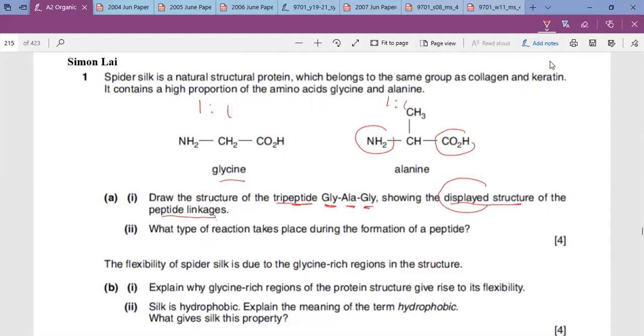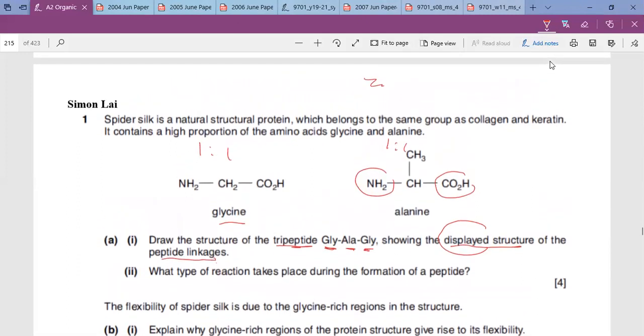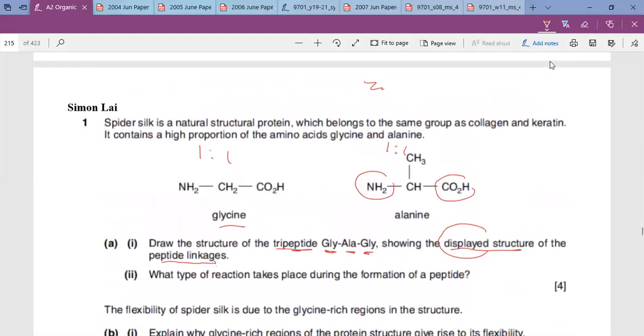Okay, so here 3, so glycine here. So what do we do? I'm going to move it up here, so it's easier for you to see. Okay, that's glycine first, so you put down here, all right?